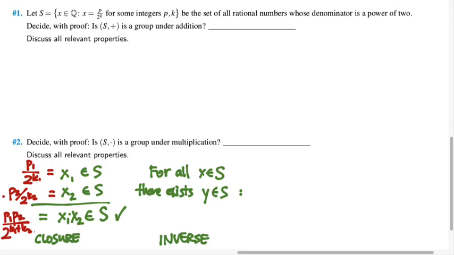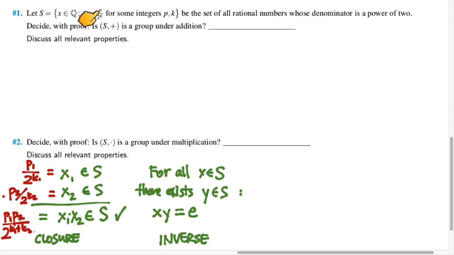Yes, but what makes y the inverse of x? X times y equals e. X times y is equal to the identity element, right? What is the identity? First of all, is there even an identity property for this group? Or if there is, what is the identity element? 1. So 1 is the identity element in the rational numbers under multiplication, and 1 just happens to belong to this set, rather.